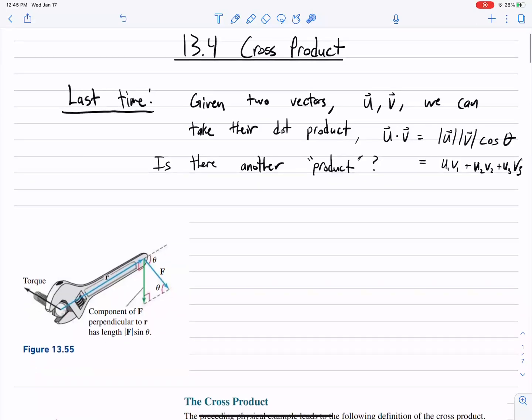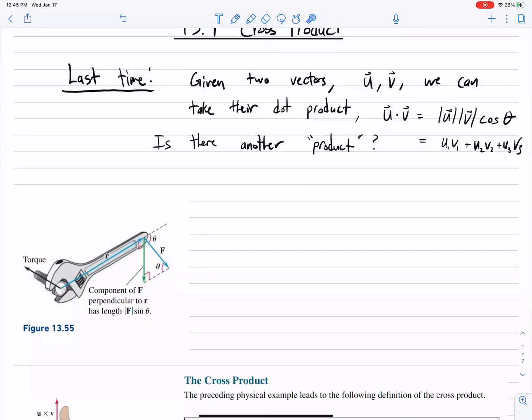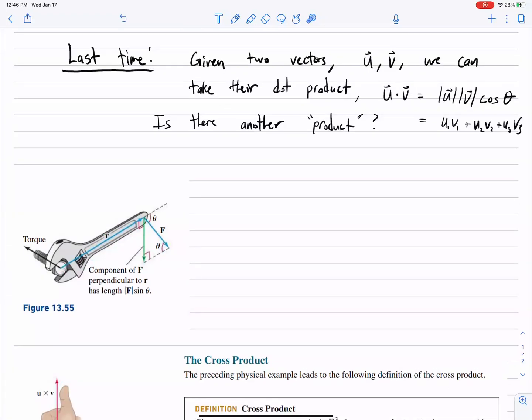So let's get some motivation on where this idea of a vector product comes from. It comes from the idea of torque. If you have, let's say, a wrench attached to a screw, the wrench can be represented by this vector r, and then you put a force on that wrench represented by this vector f.